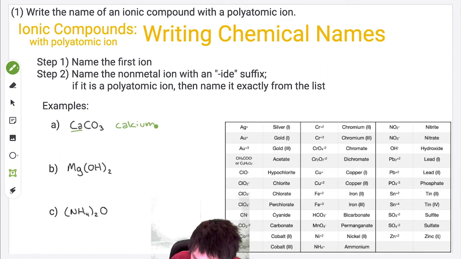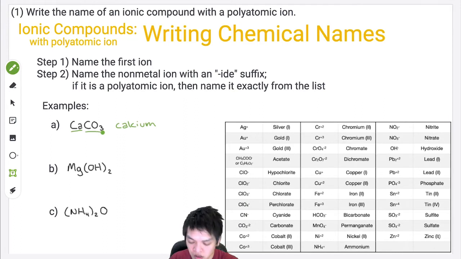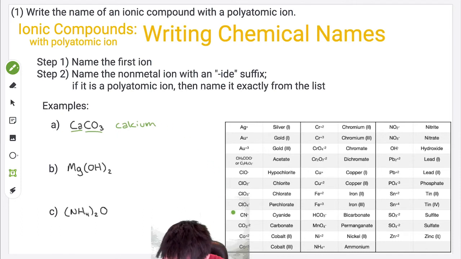Okay. Now CO3, that's actually a clump of atoms together. You won't find CO3 on the periodic table because this is carbon and 3 oxygens. This is a polyatomic ion. We can find this on the list. CO3. Now be careful because right here it looks like this Co and then plus 3. That's a cobalt ion with a positive 3 charge.